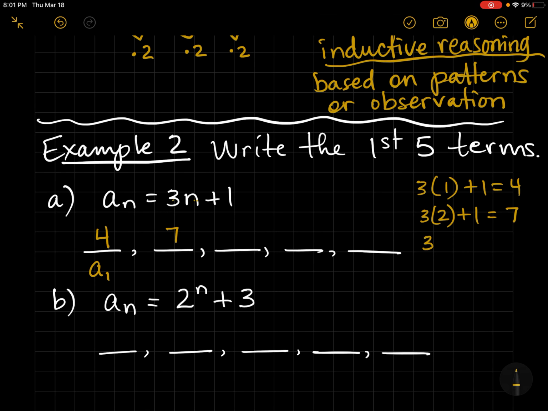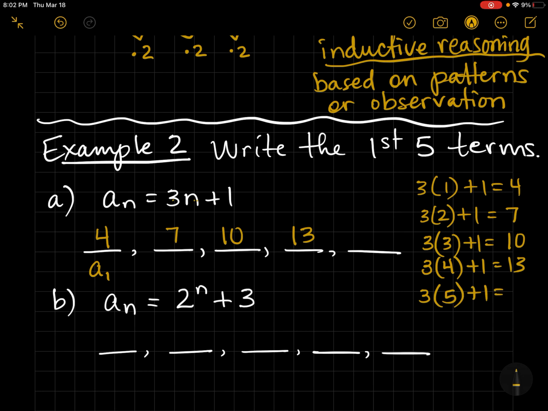And at some point, you may notice a pattern, but you certainly don't have to use it. You can just keep using this nice, handy-dandy formula where you can plug in the 5th term.